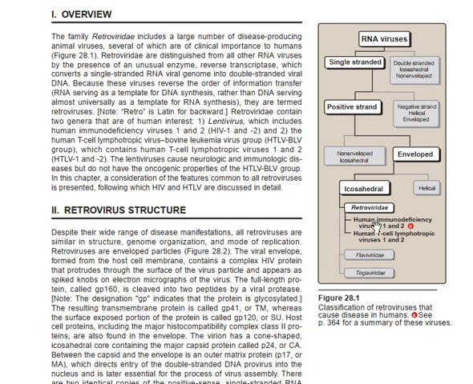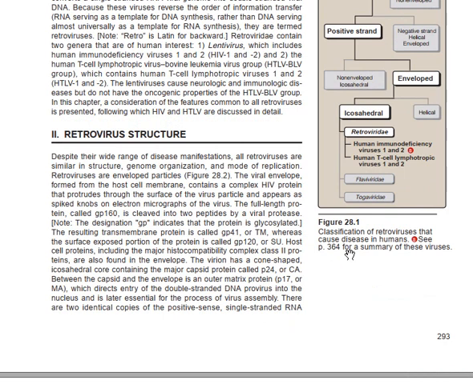Inside the Retroviridae, which are the retroviruses, you have the human immunodeficiency virus, HIV 1 and 2. Those are the two viruses. You also have the human T-cell lymphotropic viruses 1 and 2, which are lymphoproliferative viruses that can cause malignancy such as lymphomas and leukemias. We are not going to speak about that.